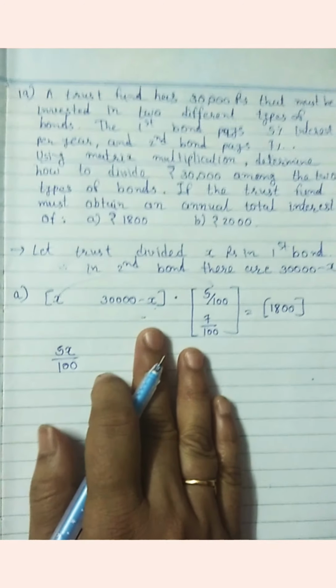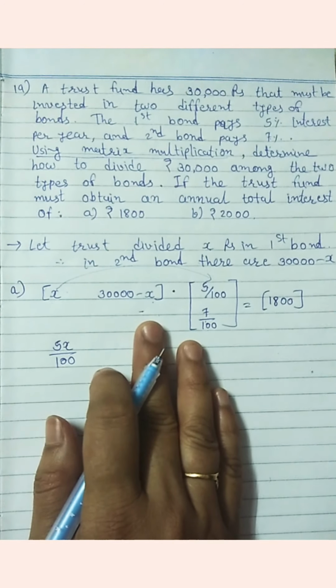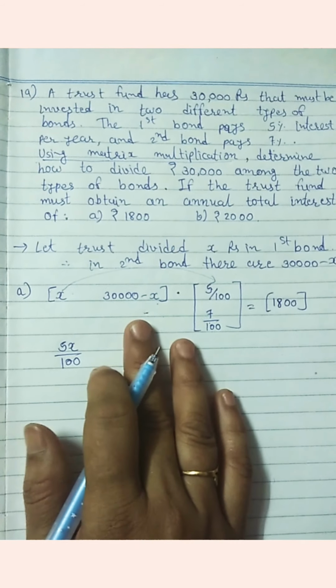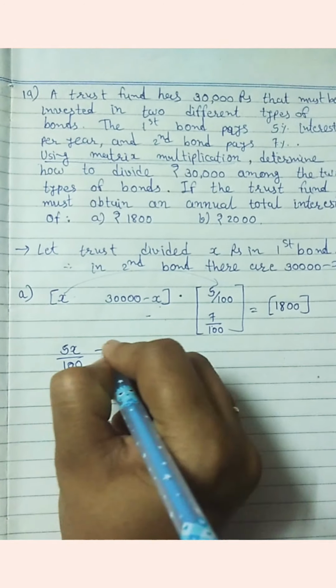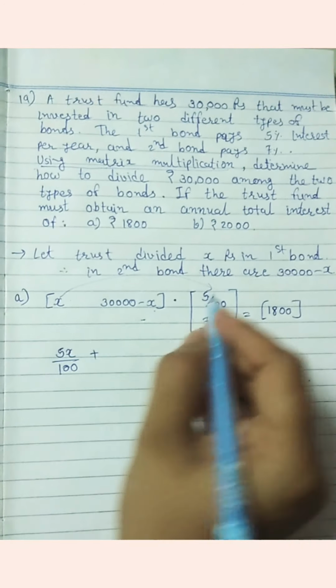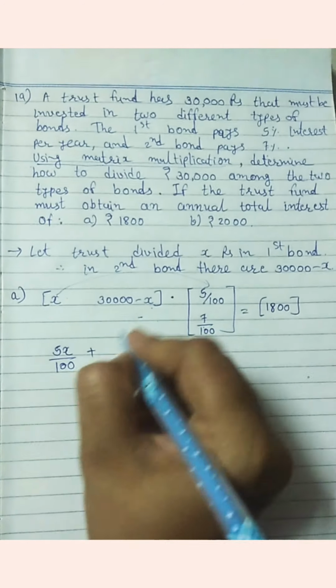आपको सिर्फ ये फॉर्म दिखाना है because they told you to use matrix multiplication. एक बार मैंने ये फॉर्म दिखा दिया, then I can easily simplify. So here I am doing first row and first column matrix multiplication.